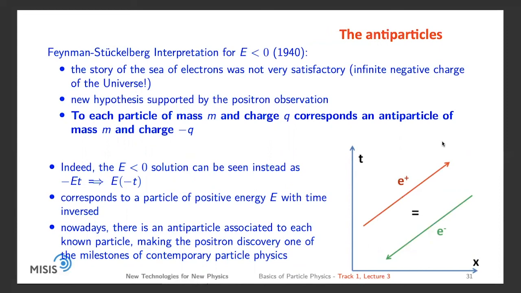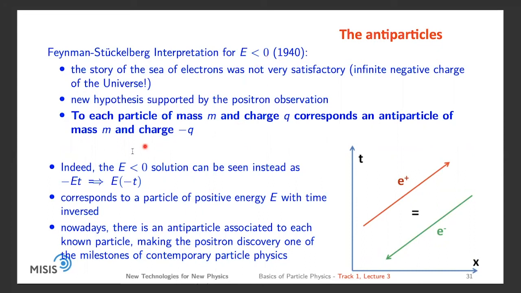So the story of the sea of electrons was not very satisfactory, since it would imply an infinite negative charge of the universe. A new hypothesis was supported by the positron observation. Basically, for each particle of mass m and charge q, there should be an antiparticle of mass m and charge minus q.